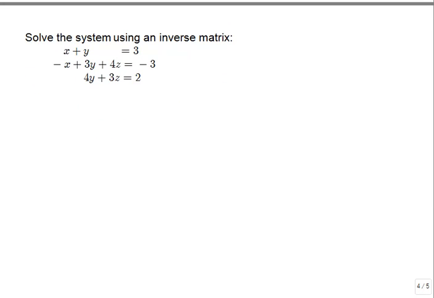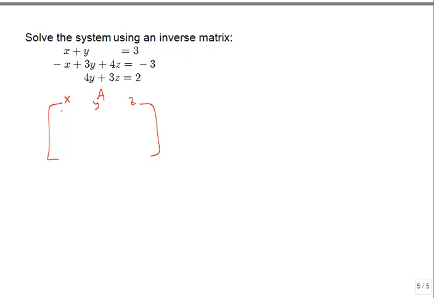Okay, our last example here, just another one just like what we did. So the first thing we want to do is rewrite this as a matrix equation. So we need to transform these systems of equations into matrix form. So your coefficient matrix, which is that matrix A, would be X is first, Y is second, Z is third.